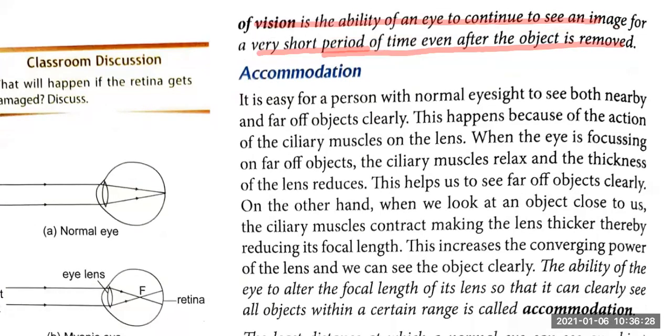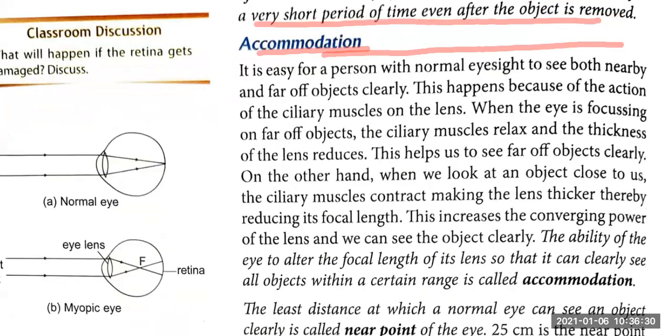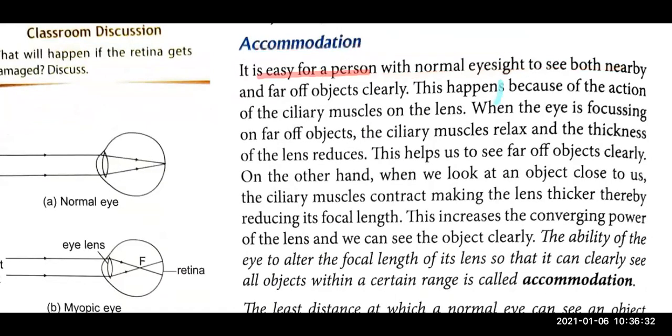As I told you before, take that yellow smiley ball and hold it in your hand. Suppose you are not compressing it, you are stretching it, you are relaxing it. Similarly, our eye lens is held by ciliary muscles.